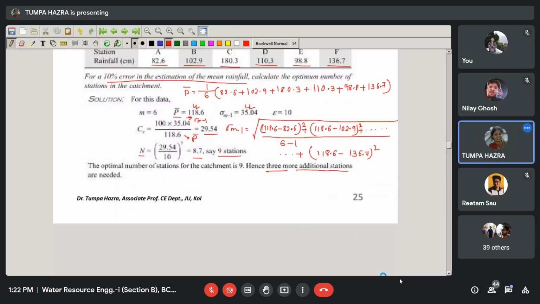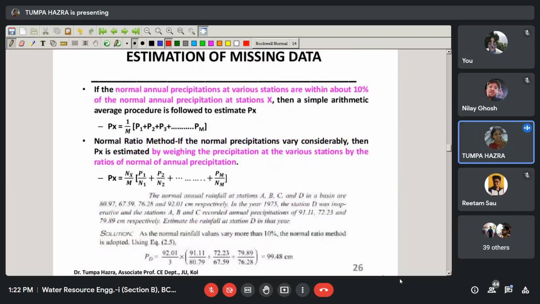Now, whenever you use rainfall data, I told you the rainfall data is random data with some uncertainties. Whenever you use rainfall data for designing some hydraulic structure, you have to check the continuity and consistency of the data.